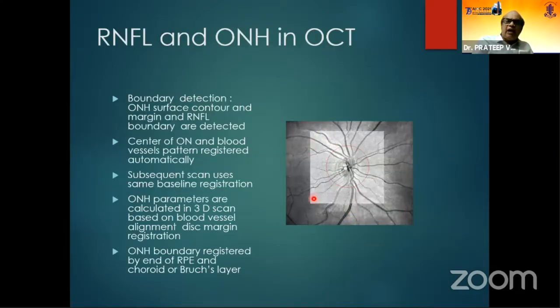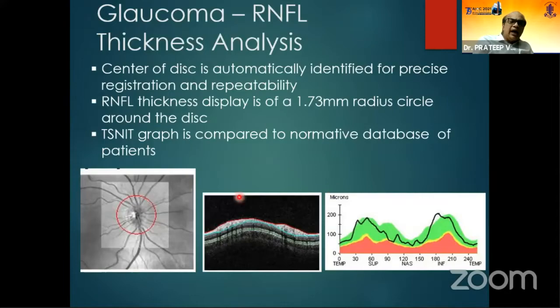What does the OCT do? OCT scans a 6 square millimeter area around the disc. And the most important is the 3.4 millimeter diameter around the disc, where the RNFL is studied nicely and the disc tomography is also studied.